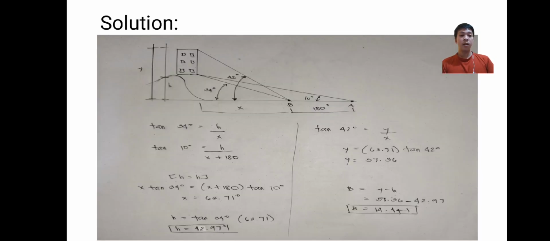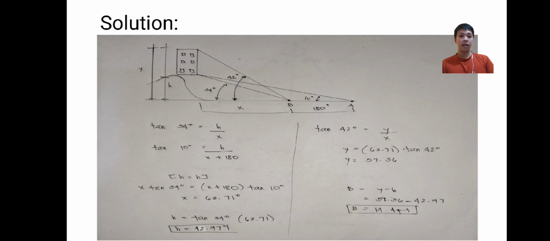So let tan 34 degrees is equal to h over x. So tan 10 degrees is equal to h over x plus 180. So h is equal to h. We will have x tan 34 degrees is equal to x plus 180 times tan 10 degrees. So the value of x will be 63.71.